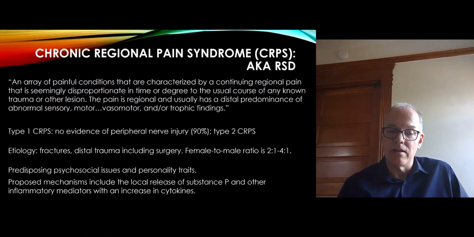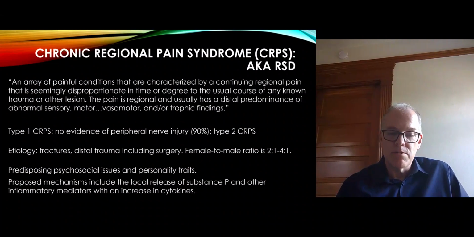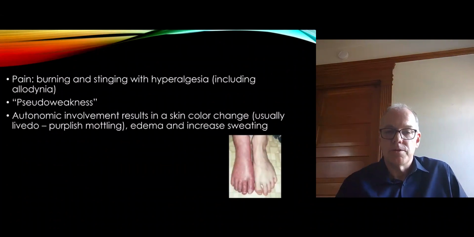So there are a lot of mechanisms not well understood. Substance P, which is an important neurotransmitter for pain, seems to be involved in this, probably other inflammatory mediators, and there's an increase of cytokines and inflammation as a result.